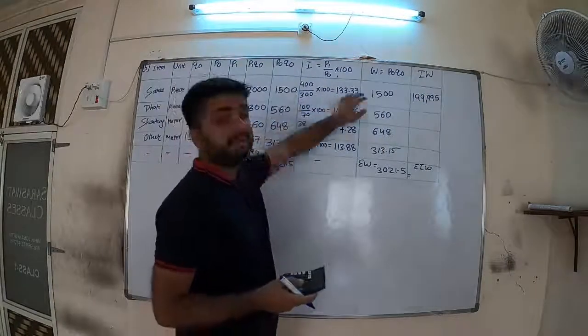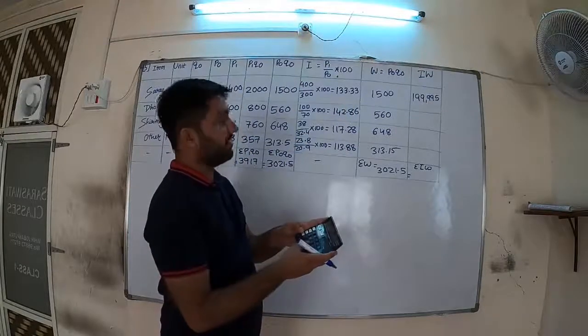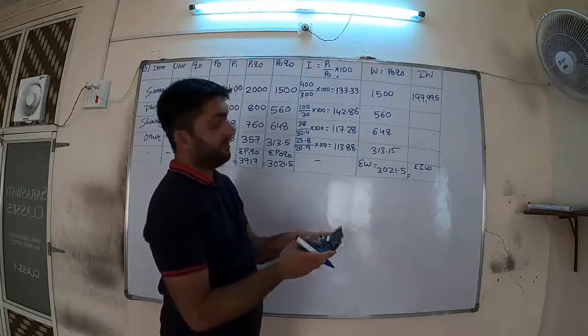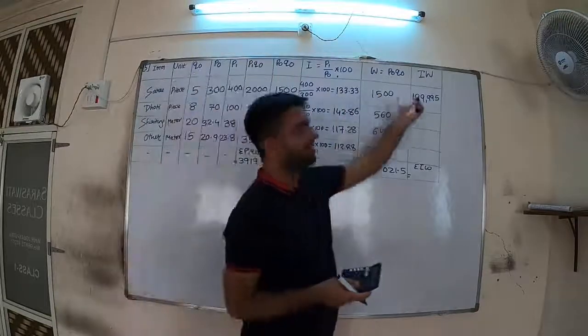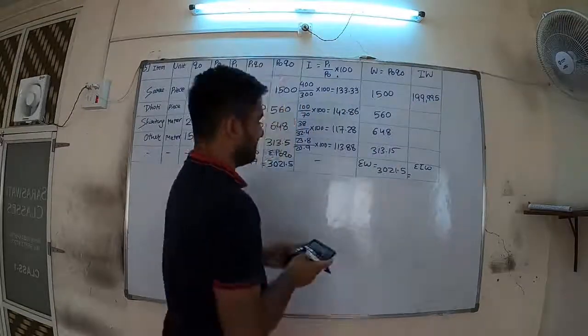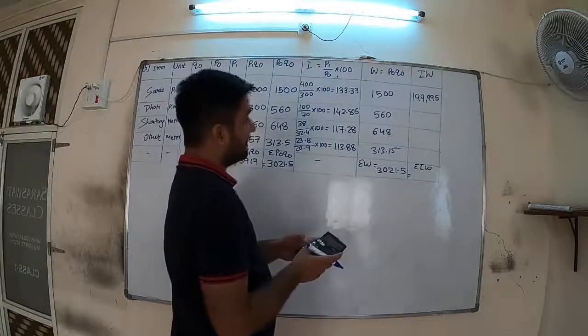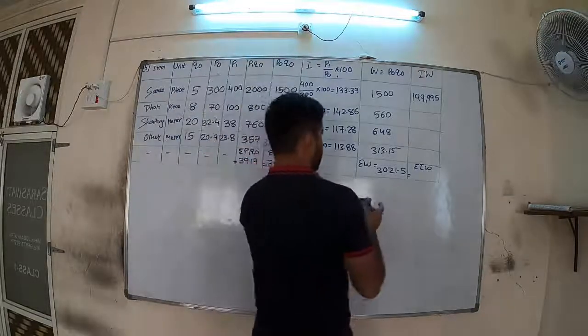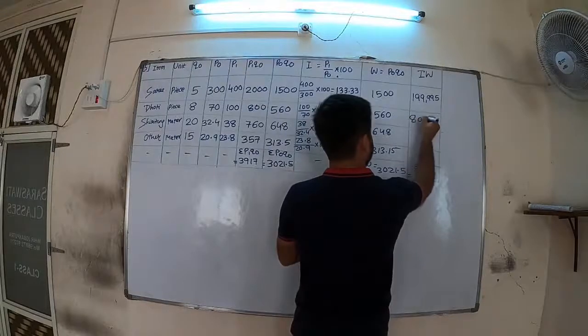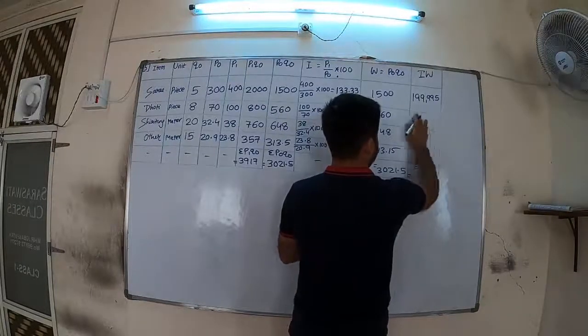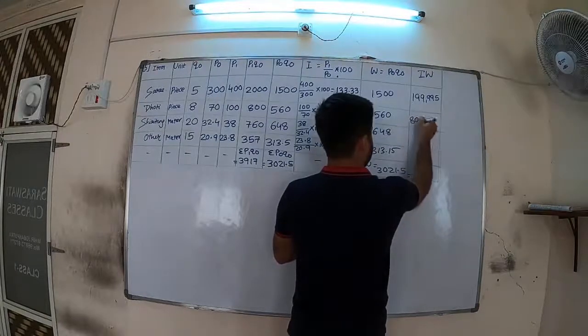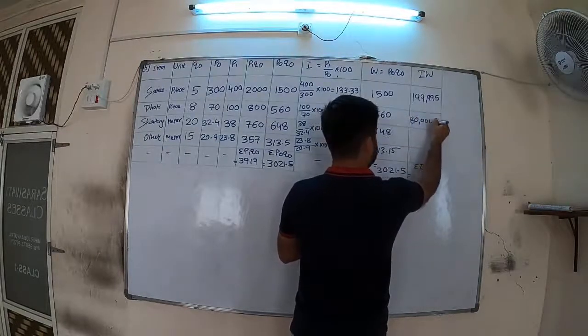If you exactly multiply 133.33333 into 1500, you will get exactly 2 lakhs, but no problem, the answer will not change. 142.86 into 560 is 80,001.6.